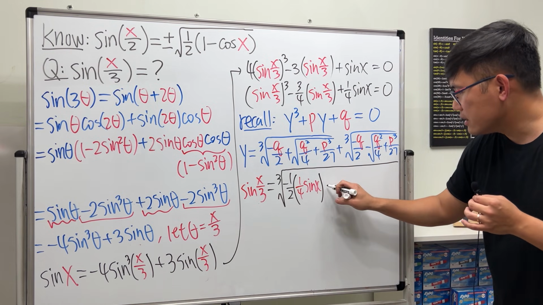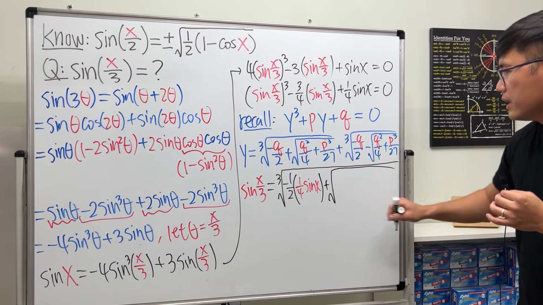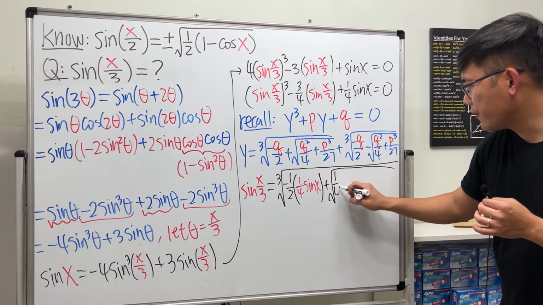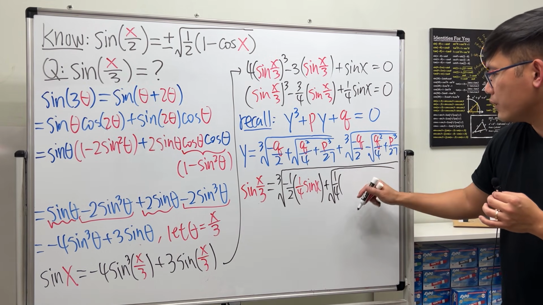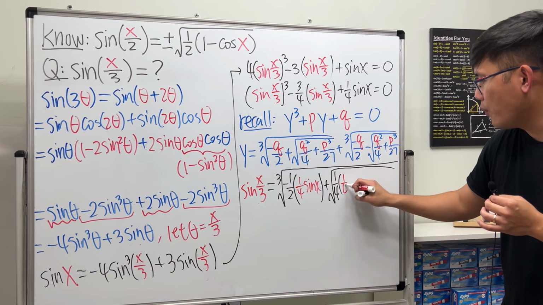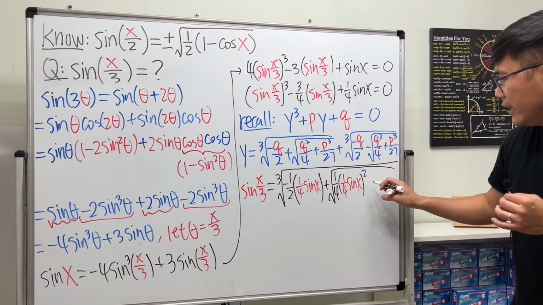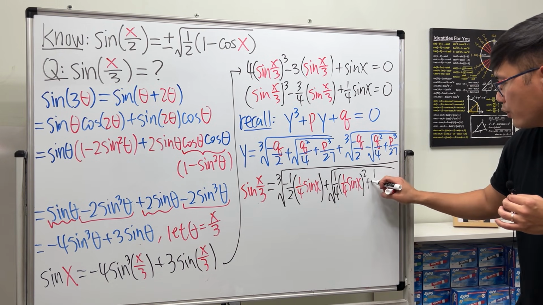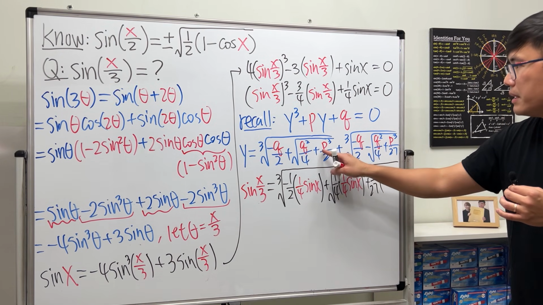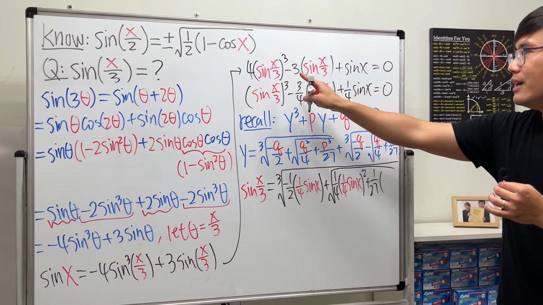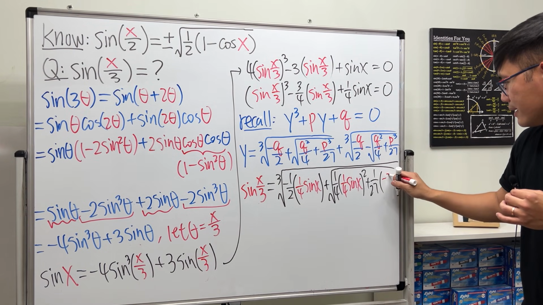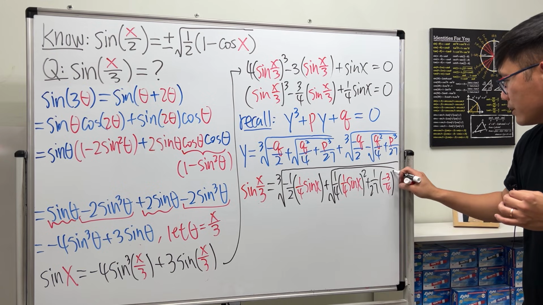And then we add a square root. Let me write this as 1 over 4 q squared, which is 1 over 4 sine x squared. And then we add 1 over 27, and the p is this, negative 3 over 4, and then we raise that to the third power.